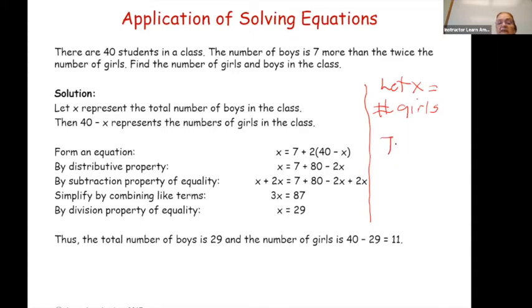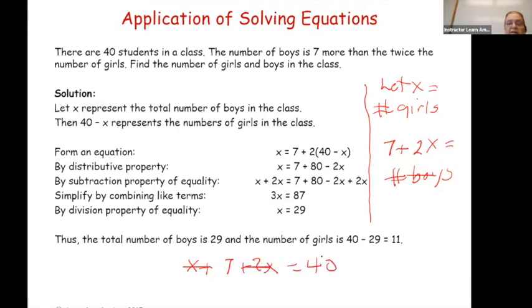So that would be 7 added to twice X. And that would be the number of boys. And then the total is 40. So I would then say X plus 7 plus 2X equals 40.